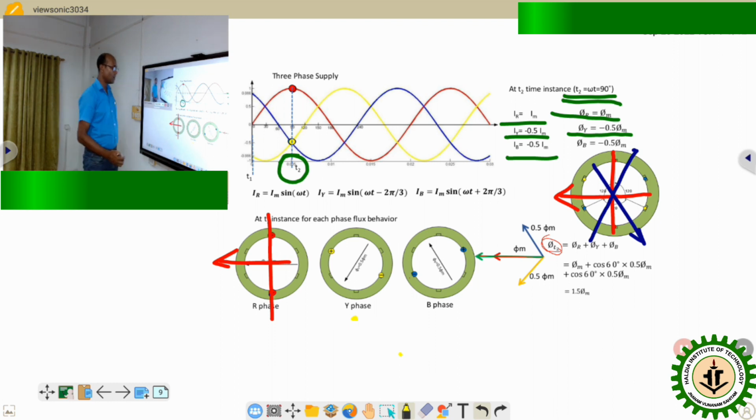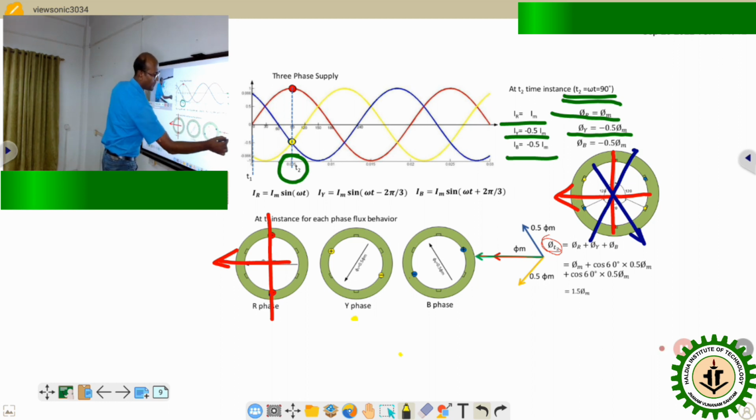In that case we get the direction of the resultant flux. For that we need to find the R phase direction of flux towards that direction, the same direction. The Y phase is flowing in that direction, so we need to find the contribution of the Y phase towards this direction.